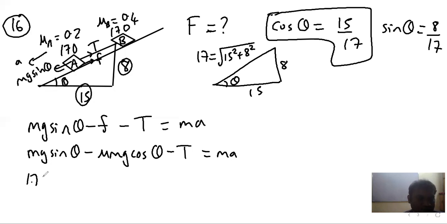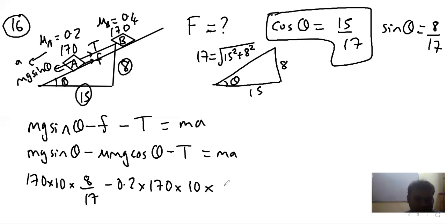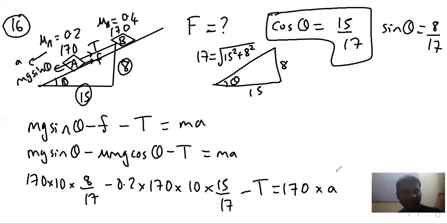So M is 170, g is 10, sin theta is 8 by 17, minus mu for block A is 0.2 into M for block A is 170, g is 10, cos theta is 15 by 17, minus T is equal to M, which is 170 into acceleration. So this is how we'll have an equation.